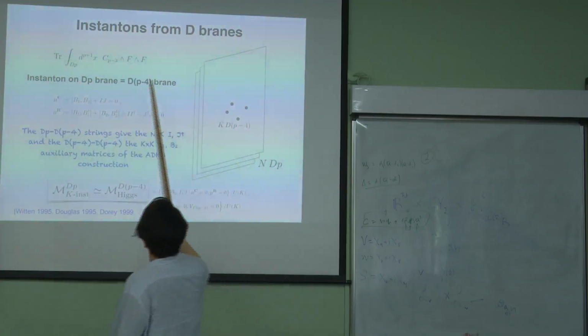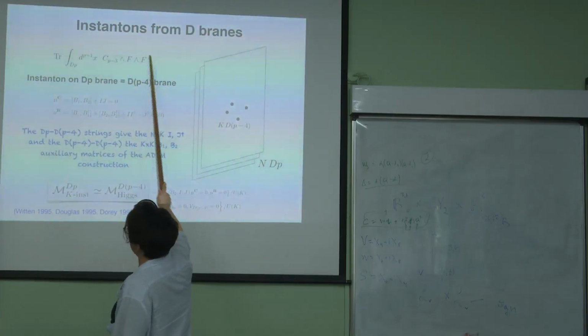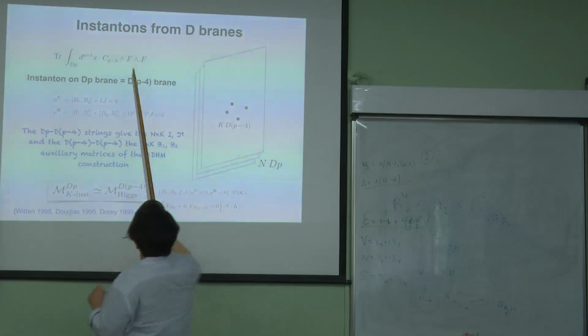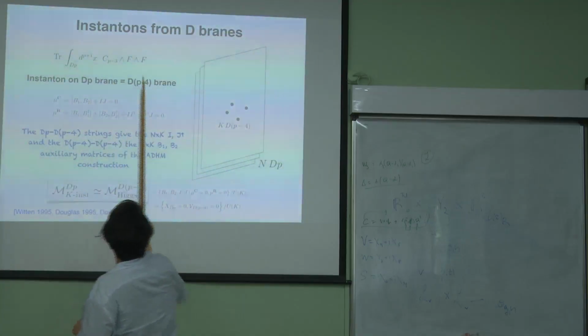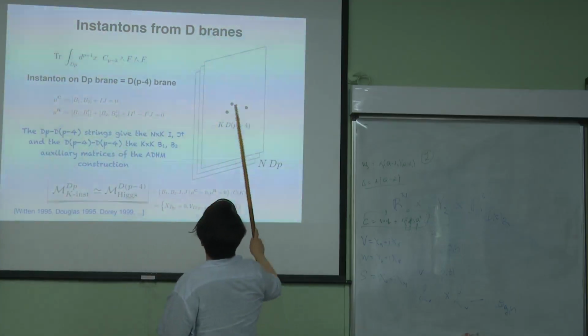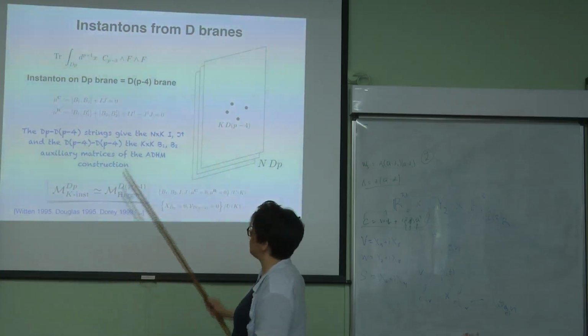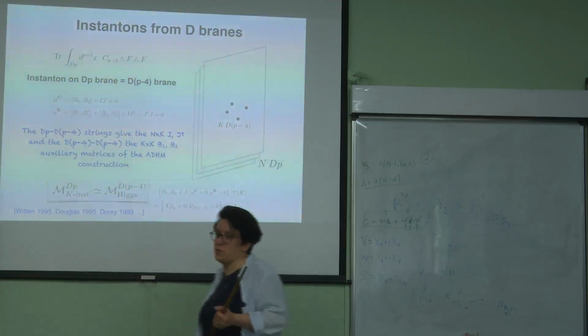When you do that, you remember that there is this term, F wedge F, which we know is the instanton factor. And it is coupled to this (p-3) Ramond-Ramond form. So these can only be there if you turn on this type of branes. So you identify the D(p-4) branes with the instantons on the Dp.